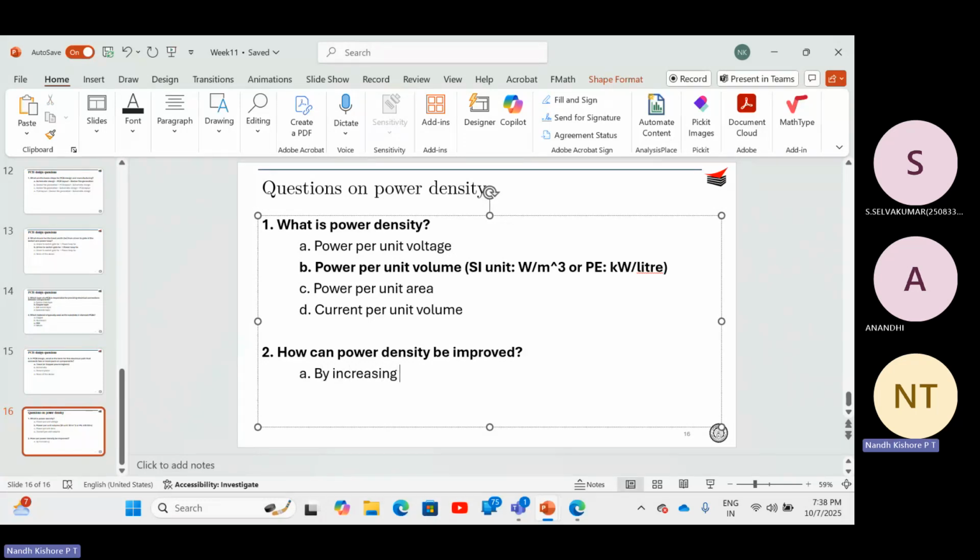By increasing the size of passive components. Passive components means the filter inductor and filter capacitor, that is, filter L and C. Or by increasing switching frequency.